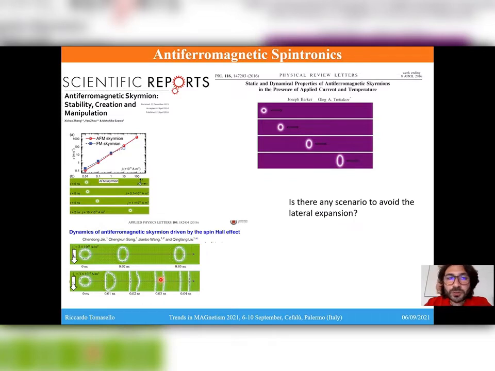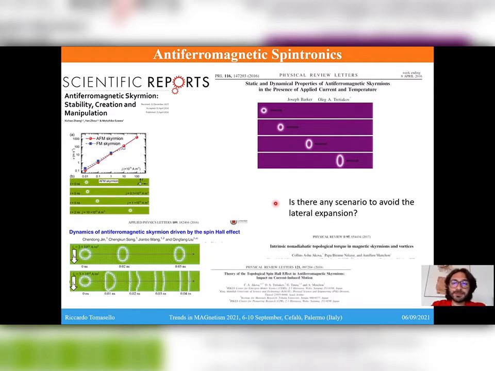So our question was, is there a strategy that we can use to reduce or suppress this lateral expansion? And the answer was yes, and we can exploit the so-called topological torque that was introduced by the group of Professor Manchon.